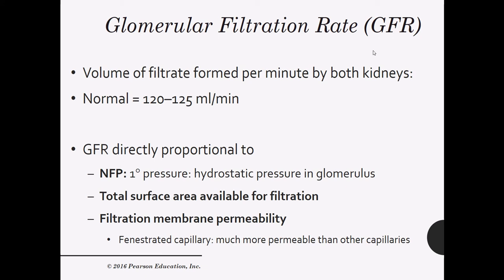And then the permeability of that filtration membrane. The glomerulus is a fenestrated capillary bed, so it's more permeable than, say, a capillary bed in a muscle. And if the filtration membrane were damaged in some way or made more permeable, that would lead to increases in GFR.